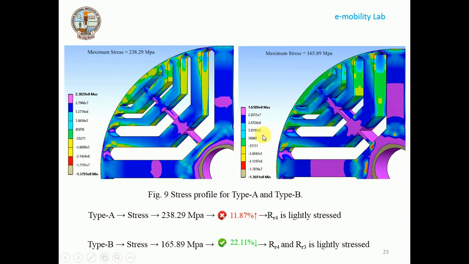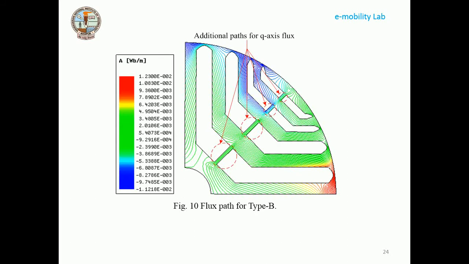Now let me tell you, these ribs will also have some adverse effect on the electromagnetic performance, because when exposed to the q-axis flux, the flux lines will pass in this way. Again it is going to increase our Lq. Let me show you.